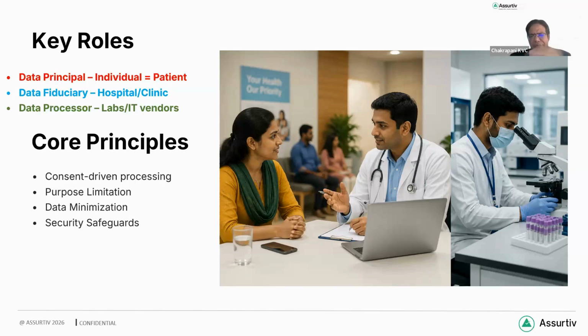Apart from that, there are other roles like consent manager. If child data is being processed, the parent needs to provide the consent. For orphans who don't have a father or mother, or disabled children, a guardian.